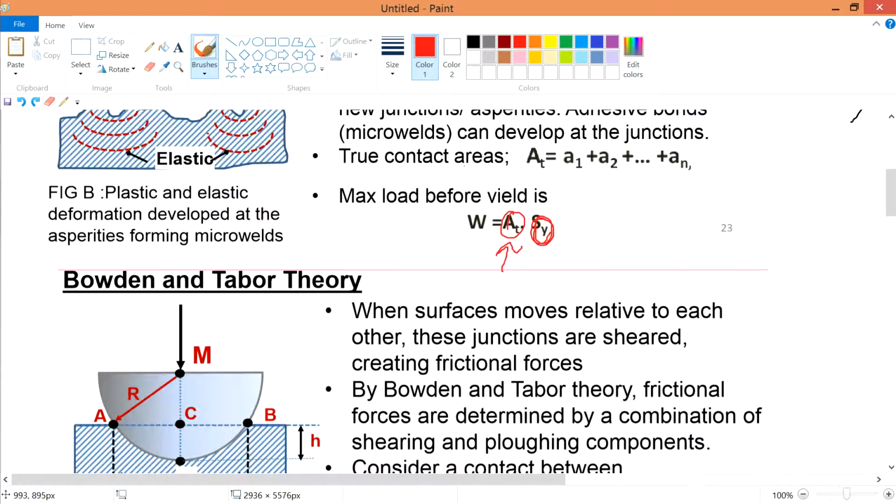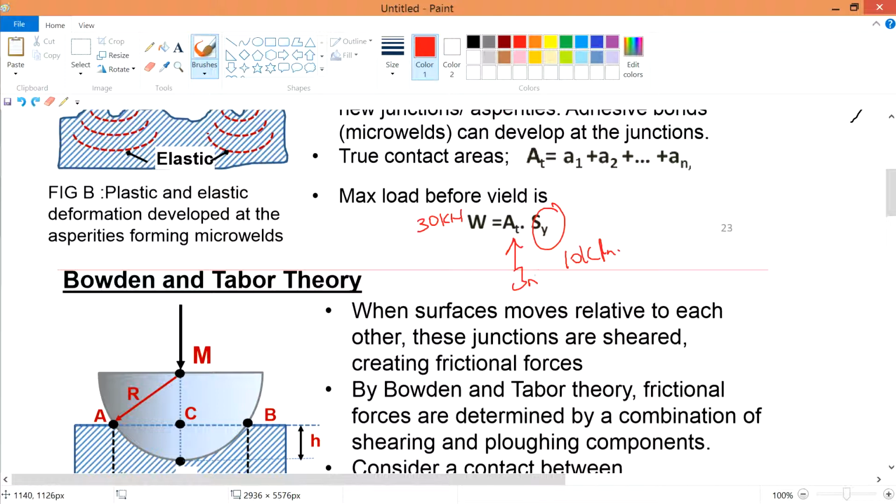So I repeat again. I zoom in. This is the material and the material's properties. For example, in order to start yielding, you require 30,000 Newton. So if your area increases, then initially maybe the stress is 10,000 Pascal or whatever, and the area is maybe 3 square meters or whatever.